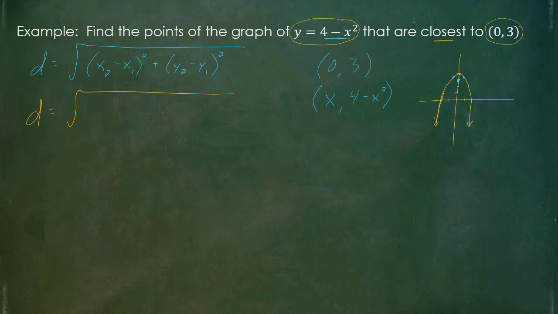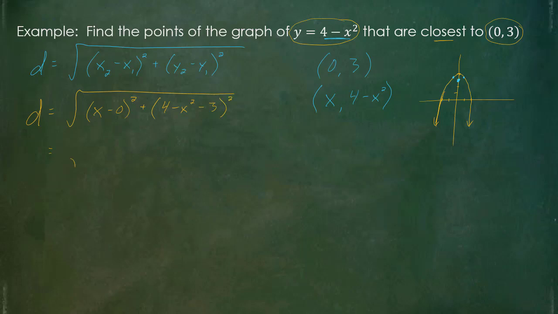So if I subtract the two x's, I'd have x take away 0, quantity squared, added with, and then the y's would be 4 minus x squared, take away the 3, quantity squared.